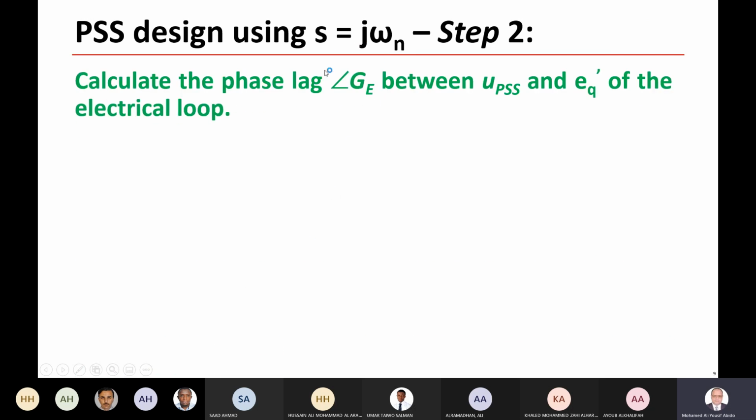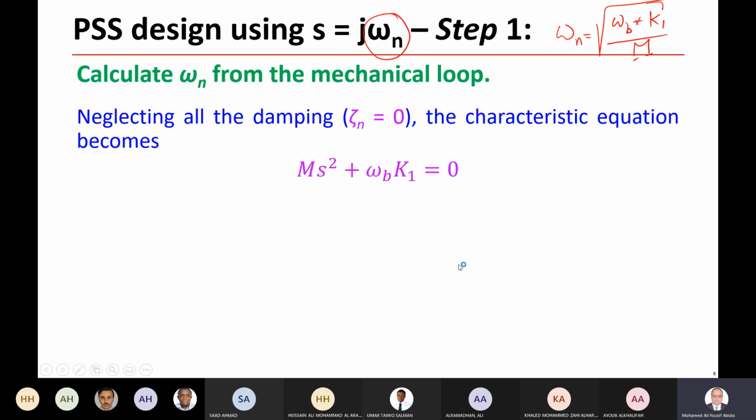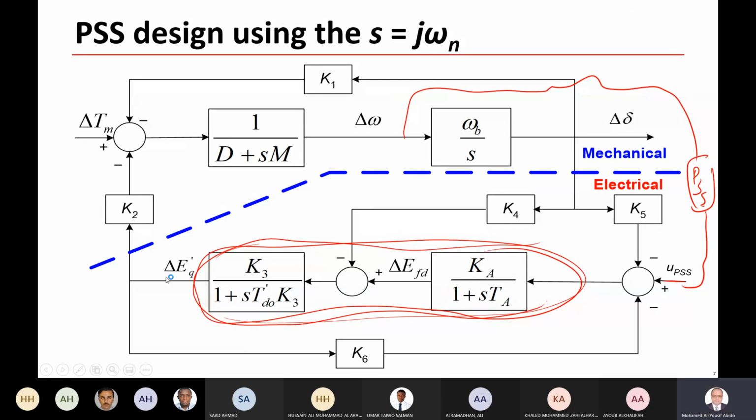Now we can find out how much phase lag we have in this block diagram. This is the control signal, and this signal will go through this block diagram.